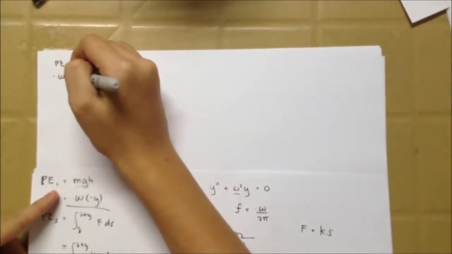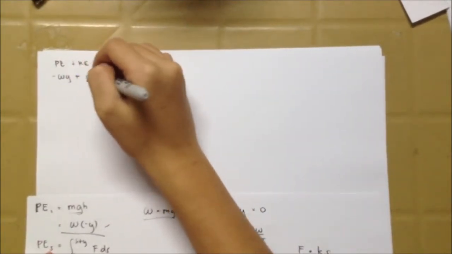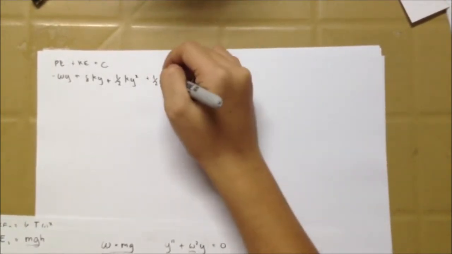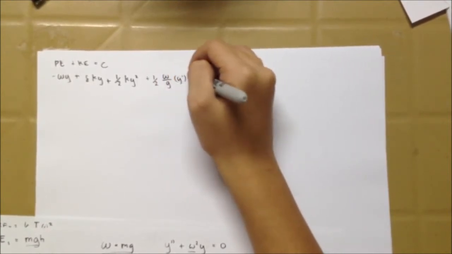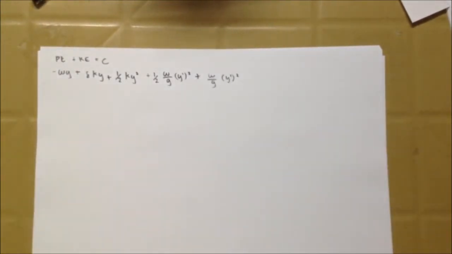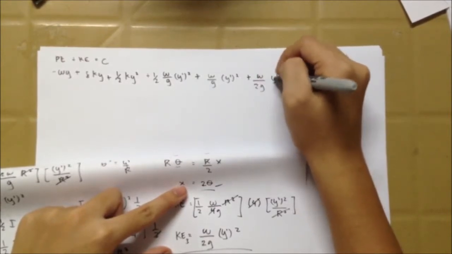Using all the expressions of potential energy and kinetic energy that we solved earlier, our potential energy is negative wy, from the potential energy of our weight w, plus the potential energy of our spring, which is delta k y plus 1/2 k y squared, plus the kinetic energy associated with our weight w, which is 1/2 w over g y prime squared, plus the kinetic energy of rotation that we solved earlier for the bigger pulley, which was written as w over g y prime squared, plus the kinetic energy of our smaller pulley, which is w over 2g times y prime squared.